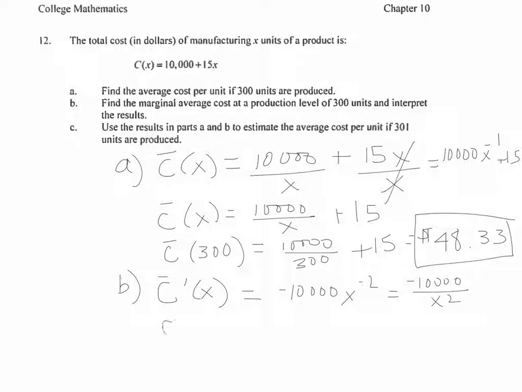So now, if I want to find the marginal average cost when I'm producing 300 units, I'm going to plug in 300 for x. And that definitely looks like a calculator issue. Now, see what you can tell me you get when you clean this up.